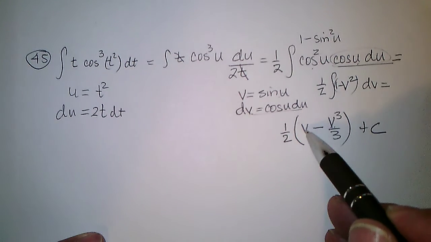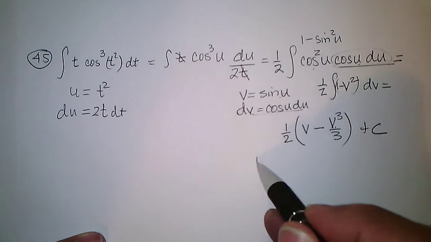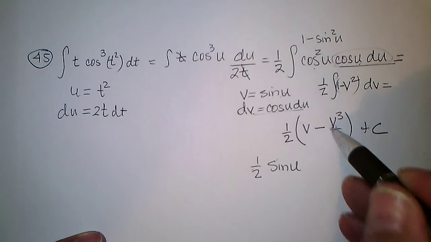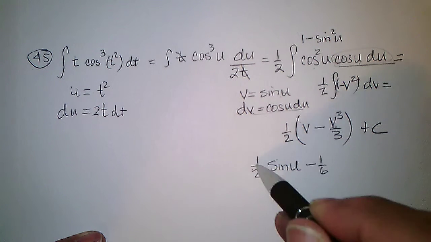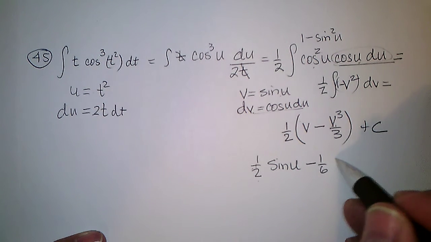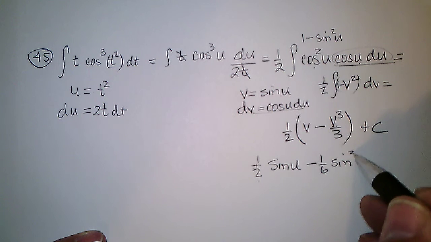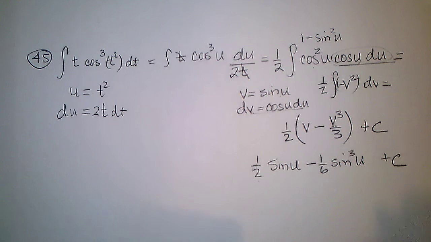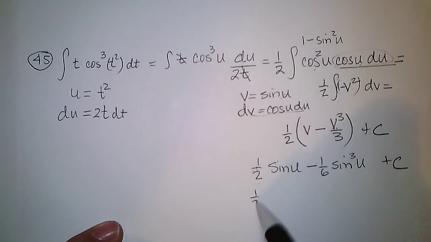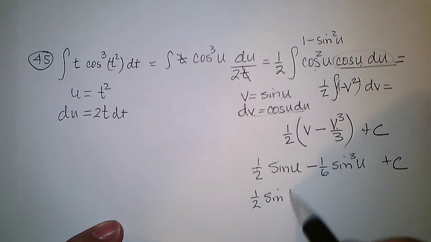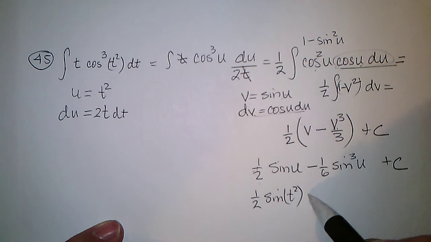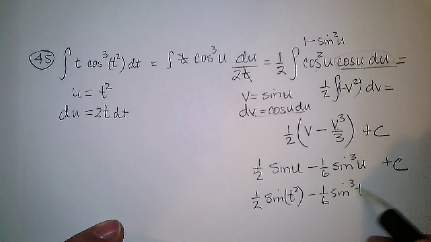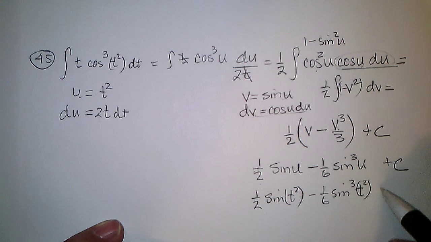So all the v's are sine u, so we get 1/2 sine u minus 1/6 if I take the half times this, and this would be sine cubed of u. And if I take it back all the way, the u's are t squared, so it's 1/2 sine of t squared minus 1/6 sine cubed of t squared plus c.